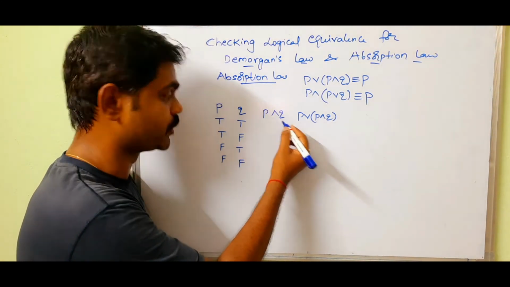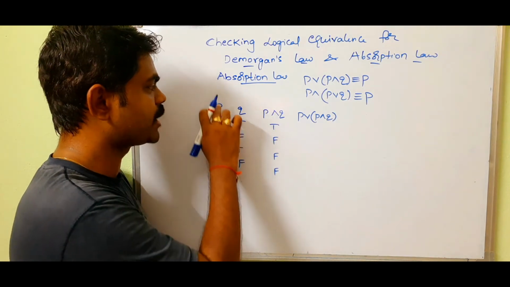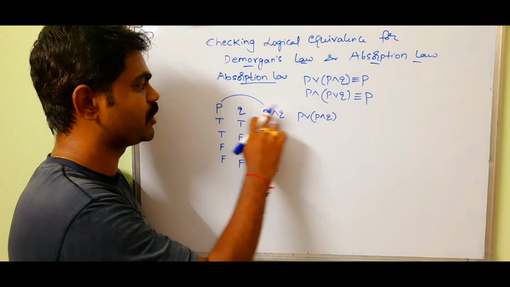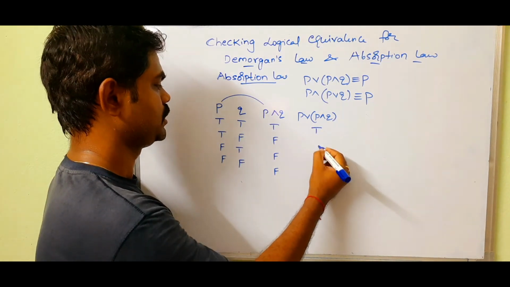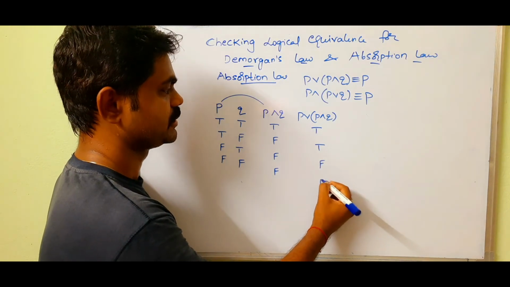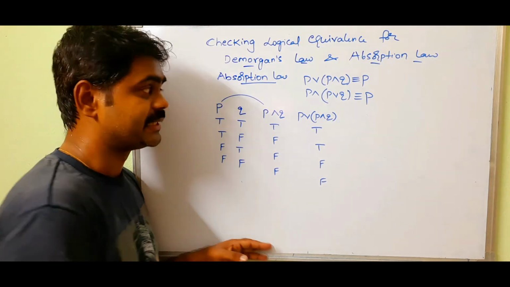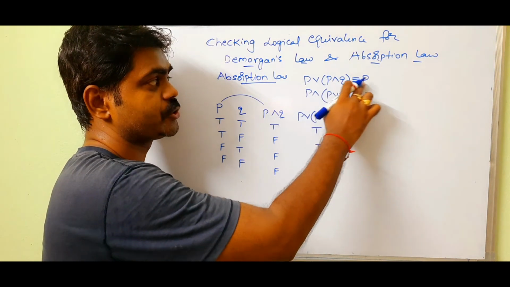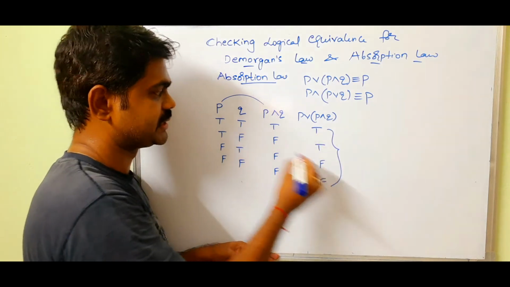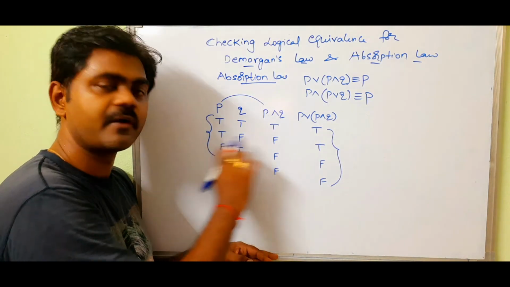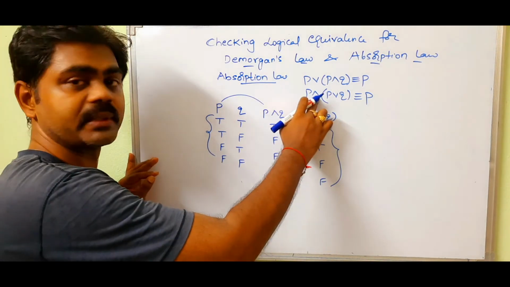Both should be true, then only true. Remaining all cases false. What is P or (P and Q)? Either one can be true, so true, true, false, false. P or (P and Q) should be equal to P, and P is true, true, false, false. Both are the same.